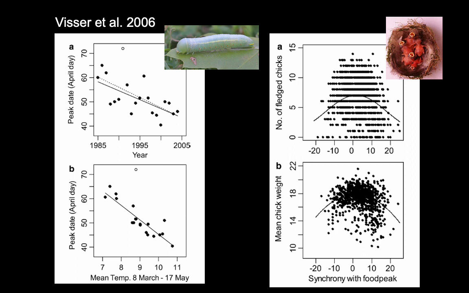If you want your nestlings to be at least 20 grams, you better make sure that you are coinciding these nestlings within less than 10 days on either side of the peak. Because if you're 15 days past, you're going to have a hard time getting these nestlings above 18 grams. And the further out you go, the harder it is to raise nestlings that are of healthy weight.